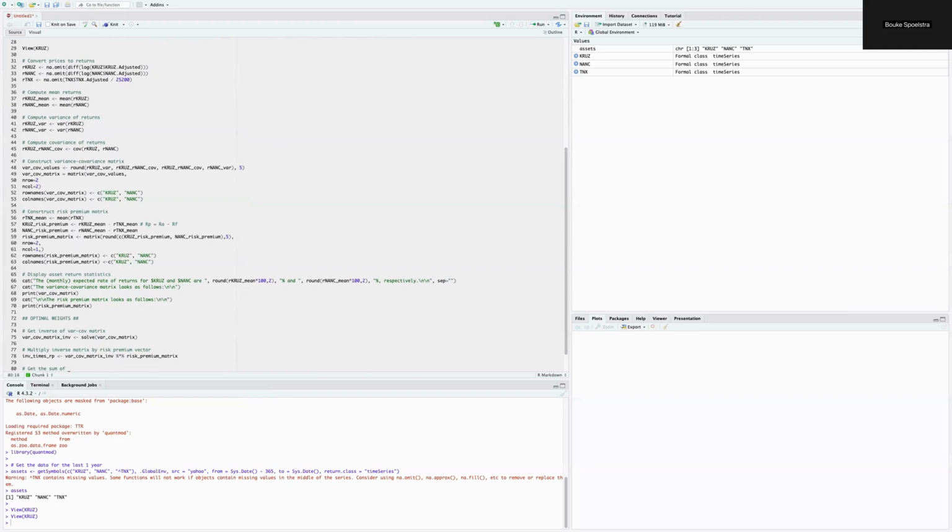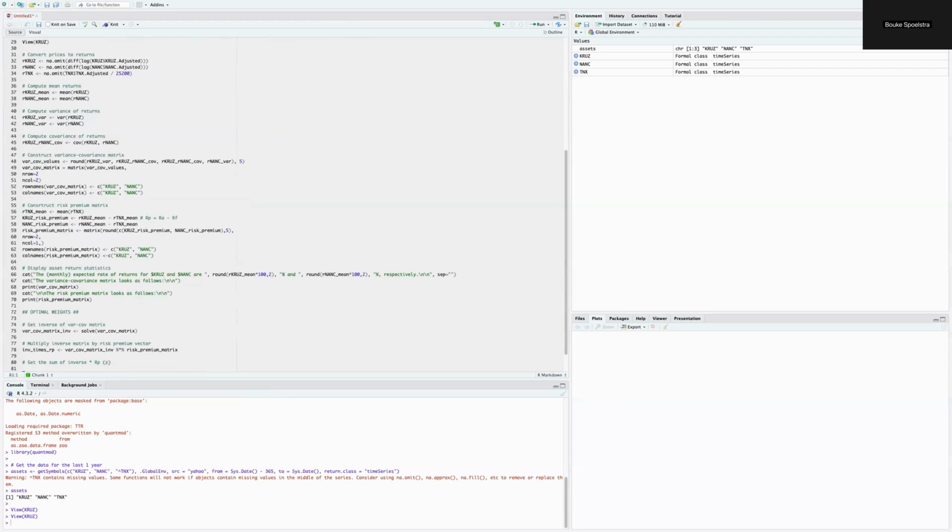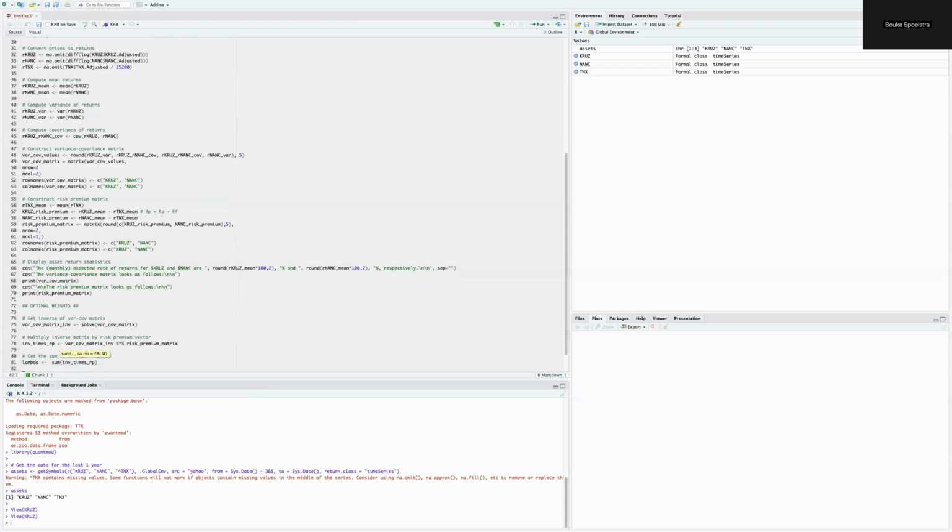Get the sum of inverse times risk premium. This would be the z, which is the unnormalized weights. So lambda is the sum of inverse times RP.